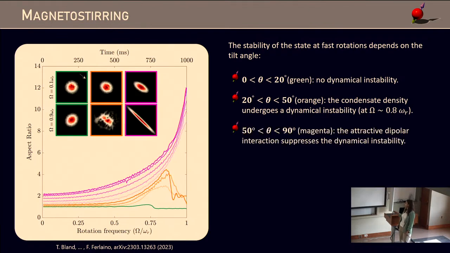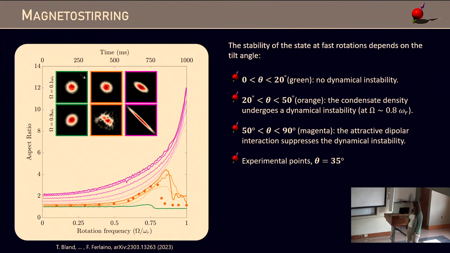If we increase the tilt angle even more, the attractive dipolar interaction of the atoms, which are now even more head to tail, is so strong that it suppresses the dynamical instability. So you see that the aspect ratio keeps increasing, but it does not collapse. From this analysis, it's quite clear that this middle range is the best one to observe this dynamical instability and vortex nucleation experimentally.